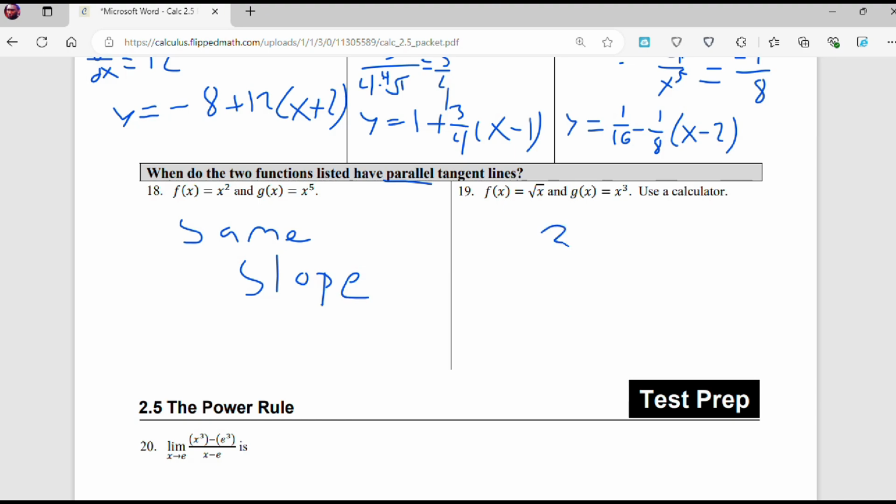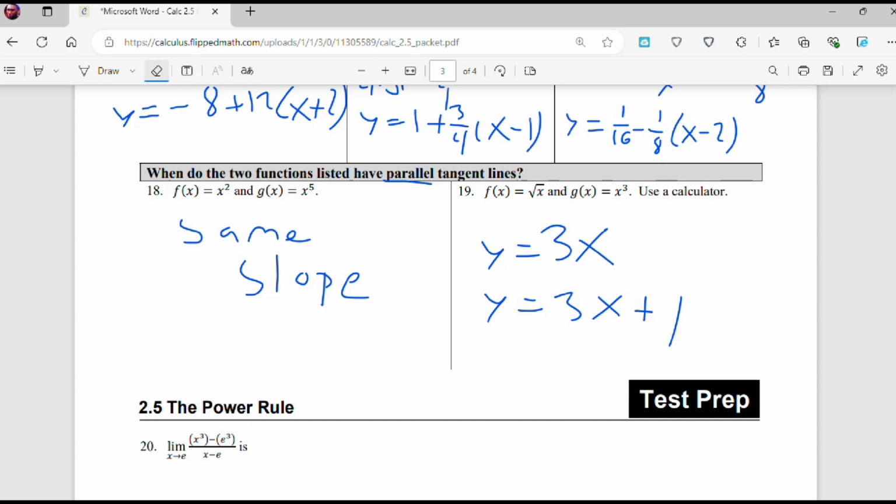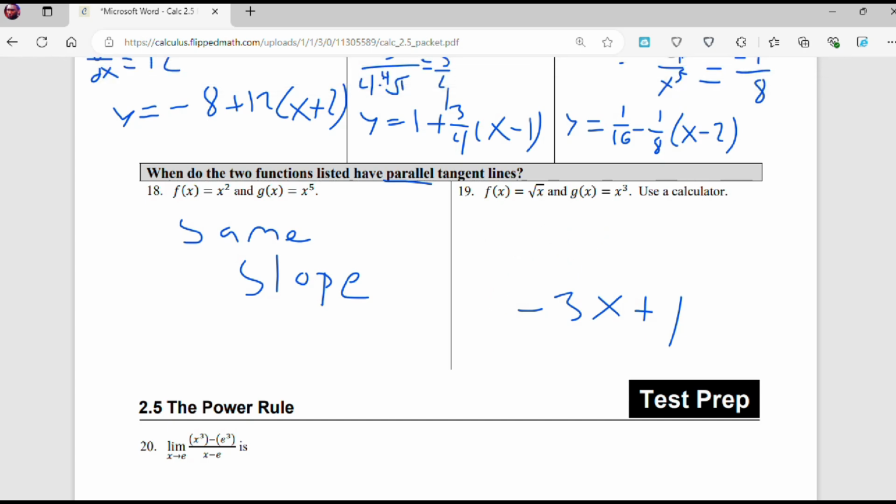If I have y equals 3x and y equals 3x plus 1, we're going to have the same slope, which means that the lines will never touch. Remember that zero solutions means that it's parallel, right? So same slope. One solution is they intersect at one point, which is different slopes, and then two solutions, that's quadratic.